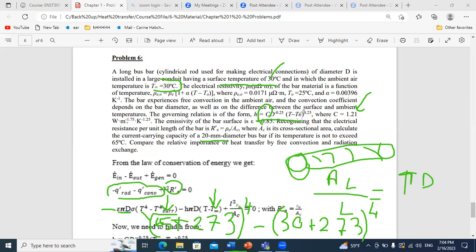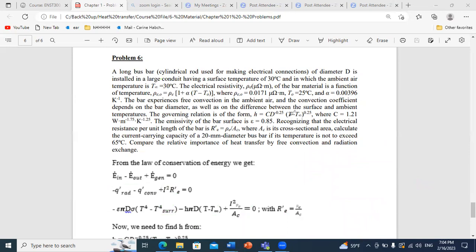And for delta T, Kelvin or degrees doesn't matter because it's just delta T. It's linear. You don't have T to the power 2 or 4 or 3. And since it's delta T, it gives you the same result. So here, when you do T minus T infinity, you put the temperature of your rod, which is 65, minus T infinity of air, which is 30, and then you compute the value of your convective coefficient.